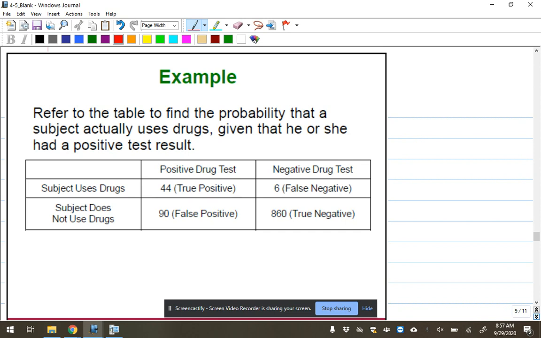The negative tests don't matter in this problem because they said given that he or she had a positive test result. So I don't even worry about those negative tests. Okay? So this is that intuitive approach, not using the formula, and saying, oh, well, it's 44 out of what? 134, the total of the positive tests.